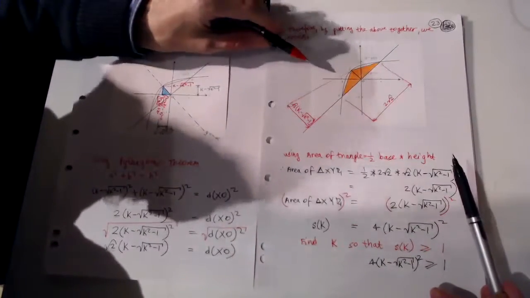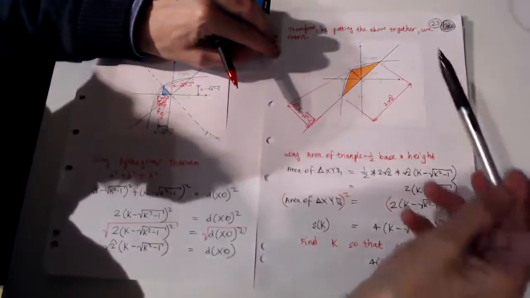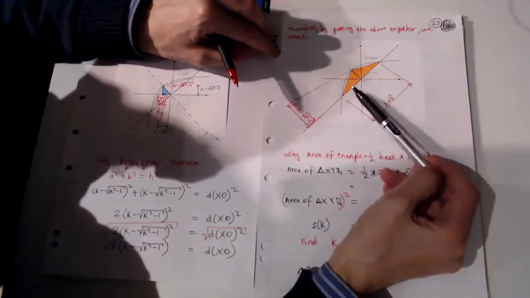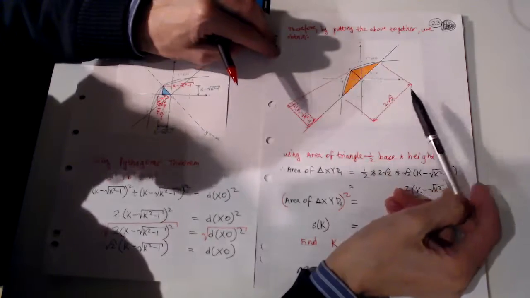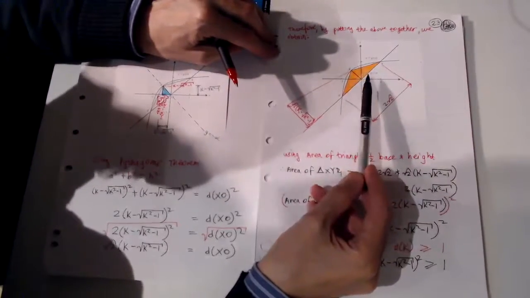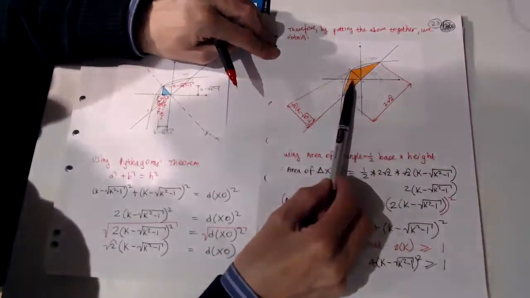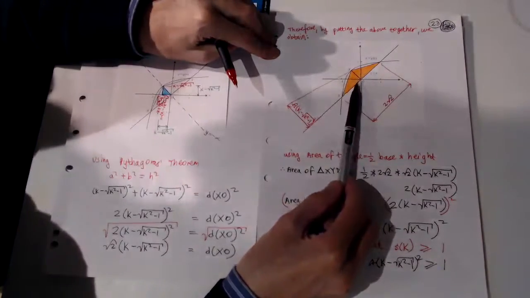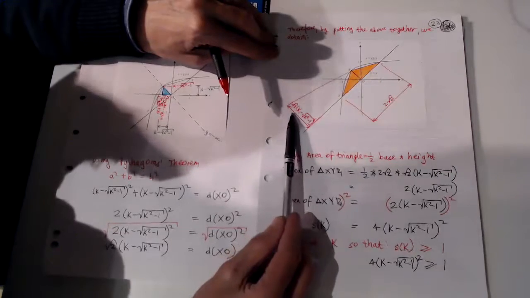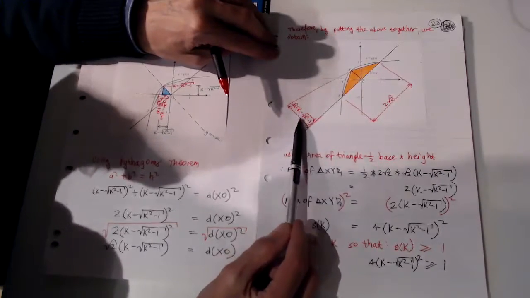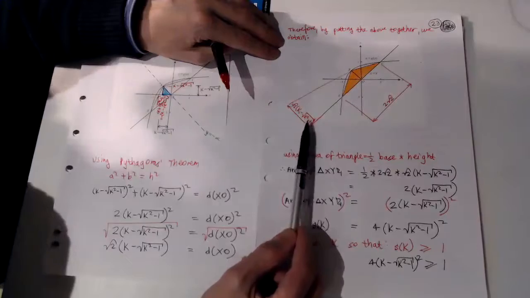We know from our recent calculations that the distance from Y to Z is equal to 2 root 2. And we know also from our recent calculations that the distance from X to O is square root of 2 open brackets k minus square root of k squared minus 1.